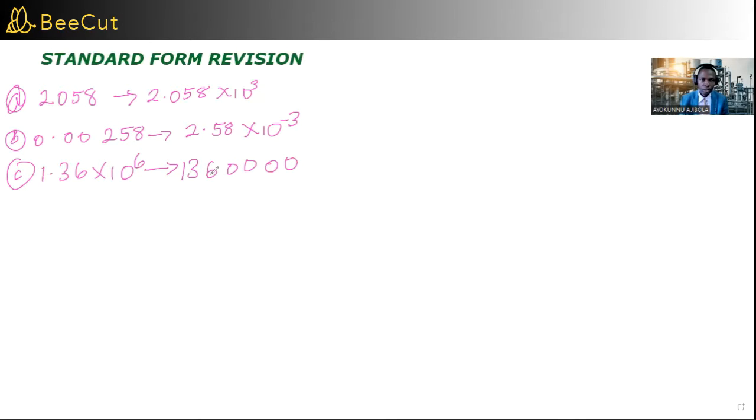Simply because if I change this to standard form, it's going to give me what is on the left hand side here. So the point happens to be here, and the point has been moved to the front of this one. That is 1, 2, 3, 4, 5, 6. That is 1.36 there. So this is how to change it to ordinary form from standard form.